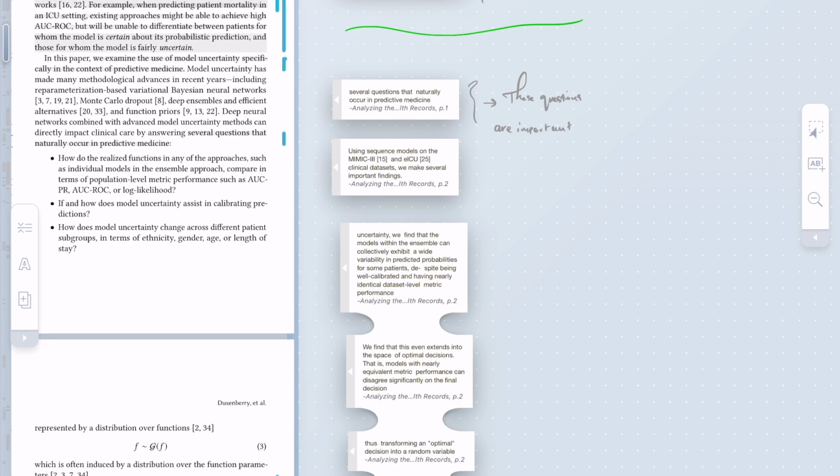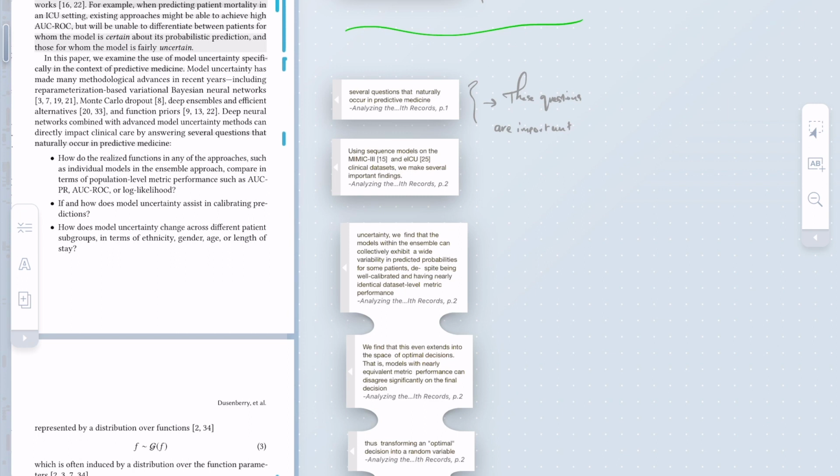One of the questions is, how do the realized functions in any of the approaches, such as metrics over the dataset, compare in terms of population level metric performance? So we have individual models in the ensemble, and basically we'll want to compare them.